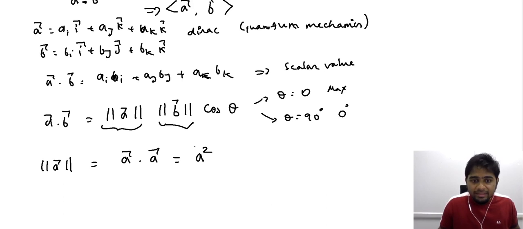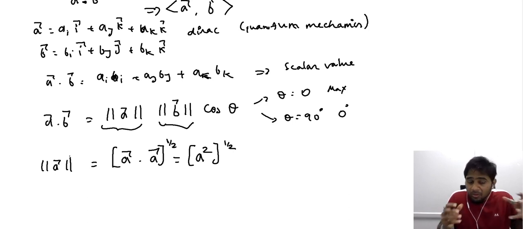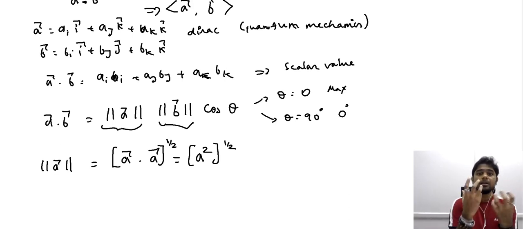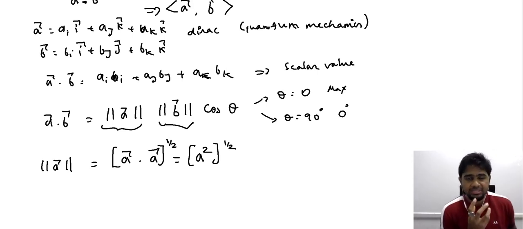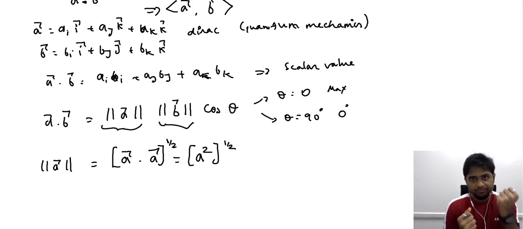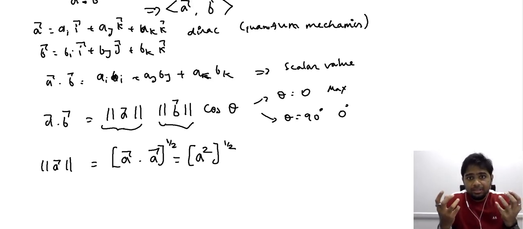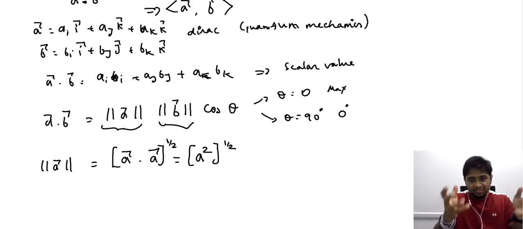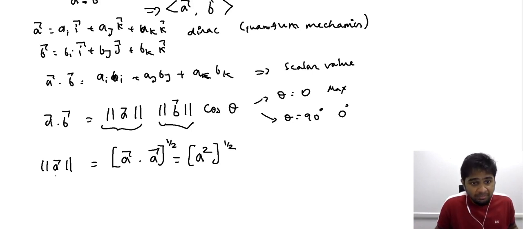And now when I take the square root of it, then ultimately I would be estimating the magnitude of the vector alone. So the magnitude of a vector can be estimated by considering the dot product of a vector to itself. When you consider the dot product of a vector to itself, it ultimately renders the square of the magnitude, and you need to take the square root of it, and ultimately you will be able to estimate the magnitude of a given vector.